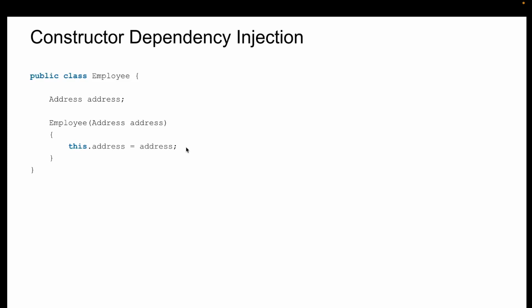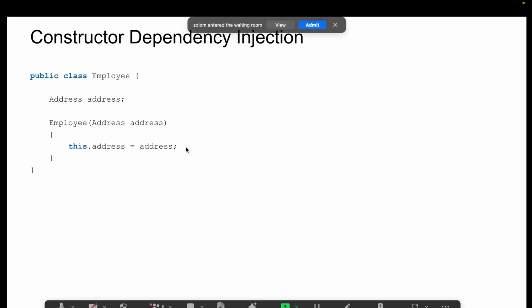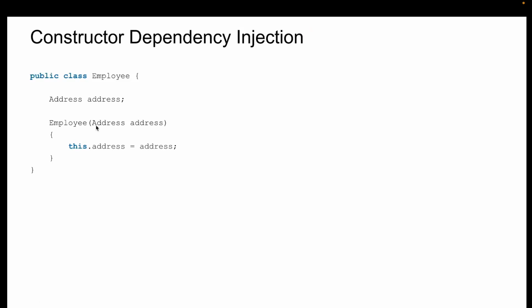So in this way, what is the dependency here? Address is the dependency here, and it's being injected into the class employee. This is an example of constructor dependency injection, because the dependency address is being injected with the help of a parameterized constructor.